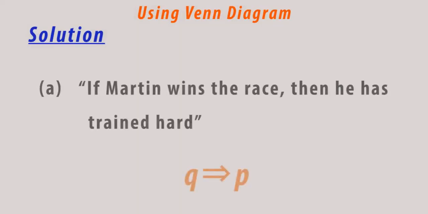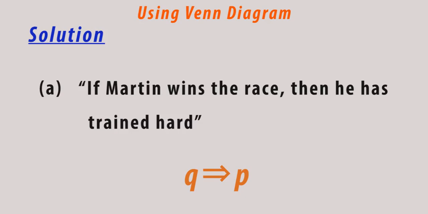We learned under implications that P implies Q is false only if P is true and Q is false. The statement P implies Q is: Martin trains hard implies he wins the race.